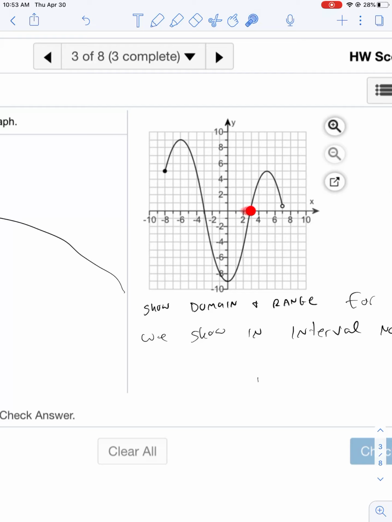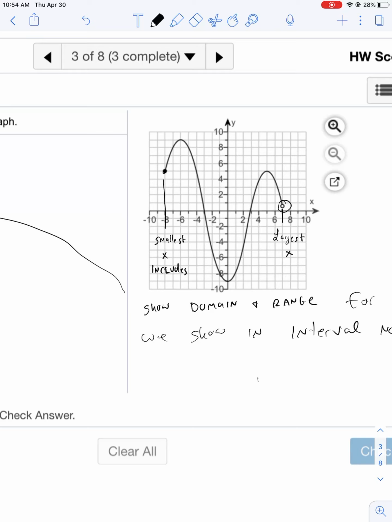As we take a look at our x values, the smallest x value we can see here is -8. We see this closed circle, therefore it includes -8. So that's the smallest x. This right here would be the largest x. This closed circle means includes.